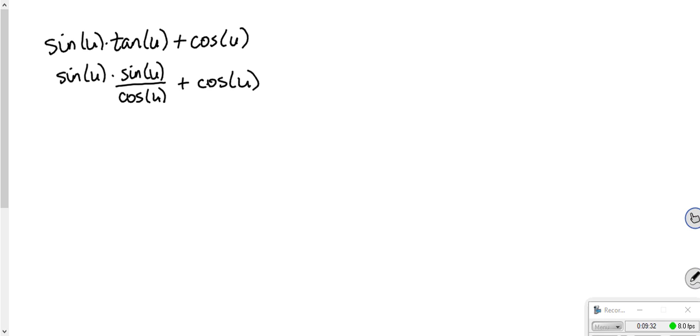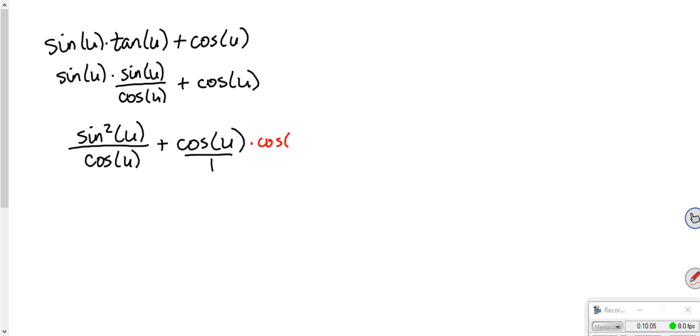Now, this gives us sine squared u over cosine u plus cosine u. Now, in order to add or subtract fractions, we have to have common denominators. Well, right now, this cosine u has a denominator of 1. So I've got to get it to have a denominator of cosine u. So I have to multiply the top and the bottom by a cosine u.